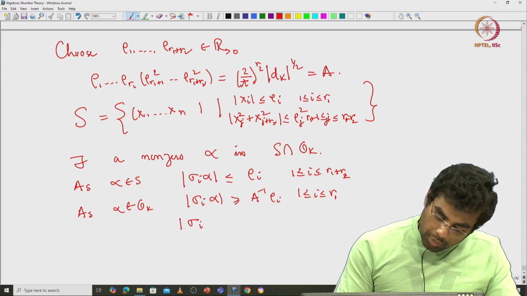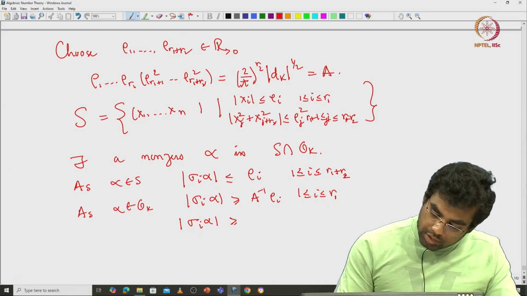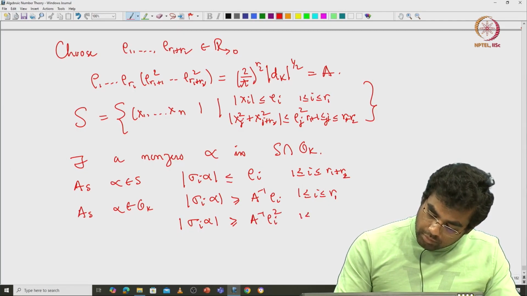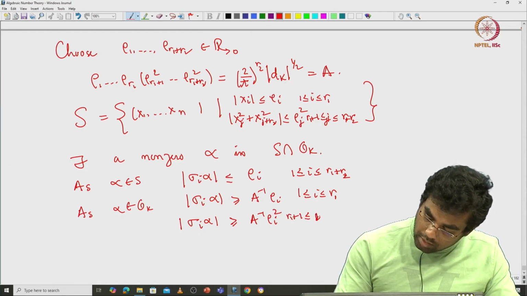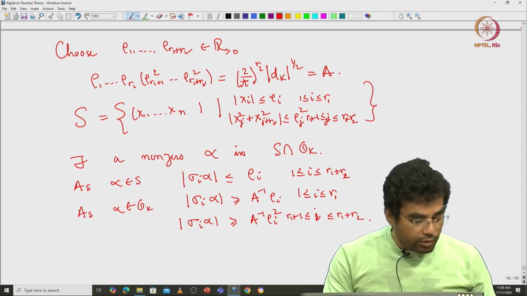So, mod of sigma i alpha is bigger than or equal to A inverse rho i squared for i from r1 plus 1 to r1 plus r2. So, this is what we did last time.